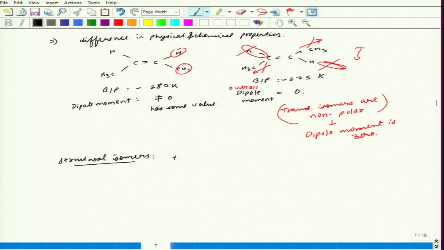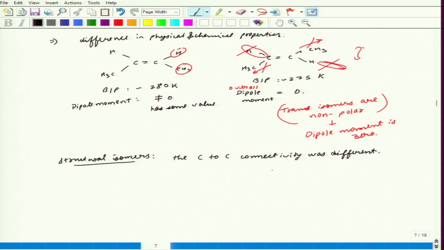is that the connectivity was different. The carbon to carbon connectivity was different.